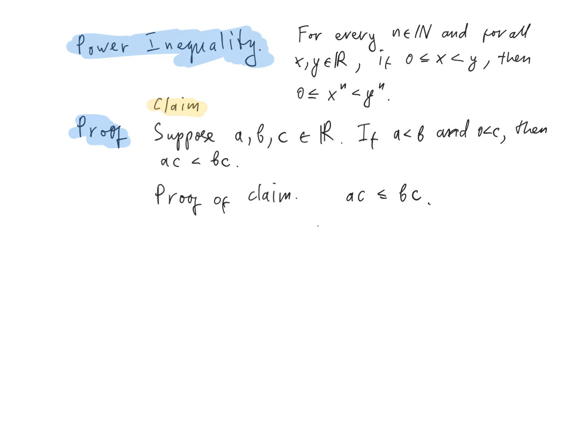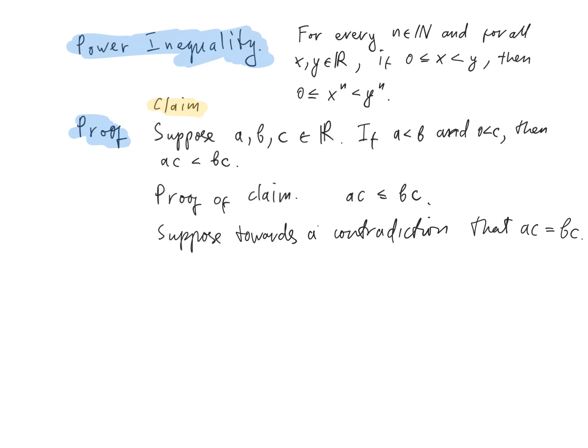So suppose towards contradiction that a times c is actually equal to b times c. So we're trying to rule out this case and obtain a strict inequality.